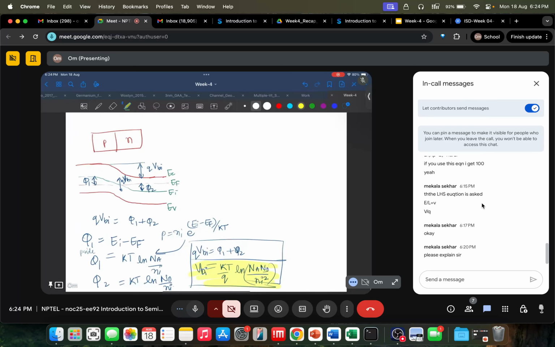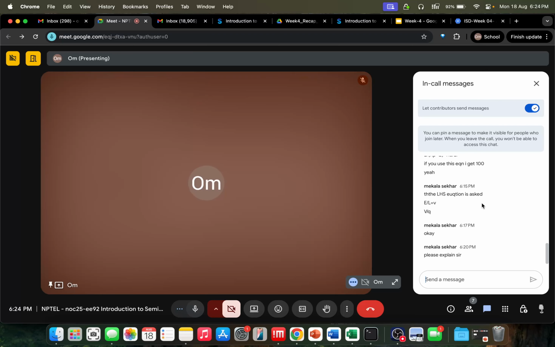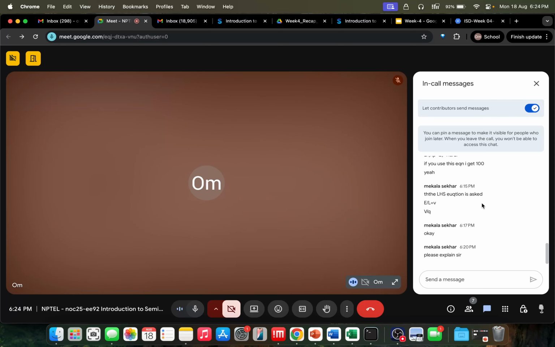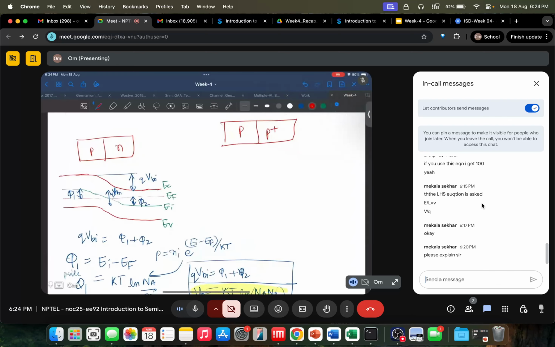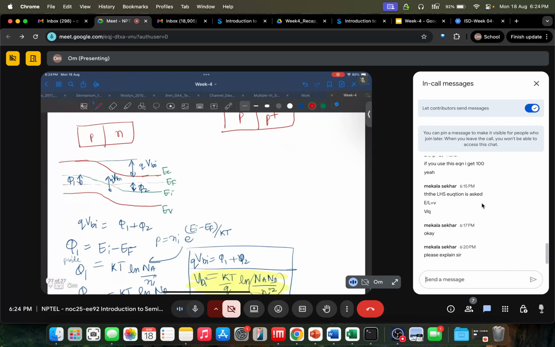Now, in our case, what we have is a p plus junction, right? So we have a p plus junction. Now I again draw the band diagram for this. It will be again something like this.